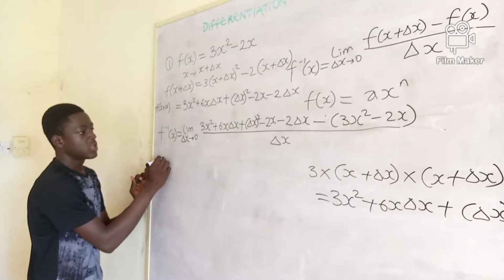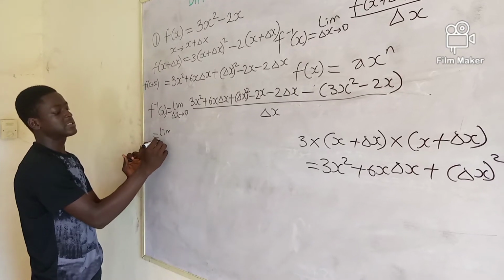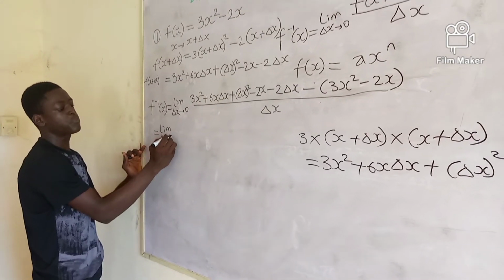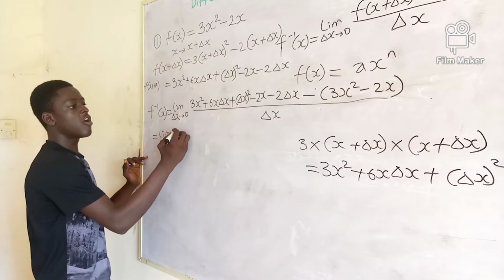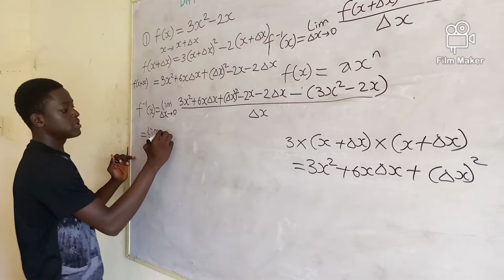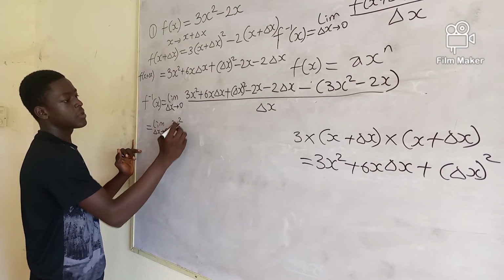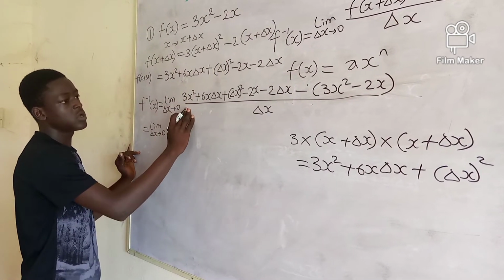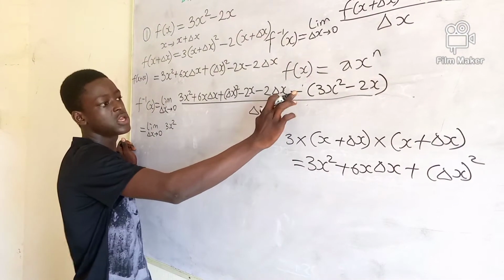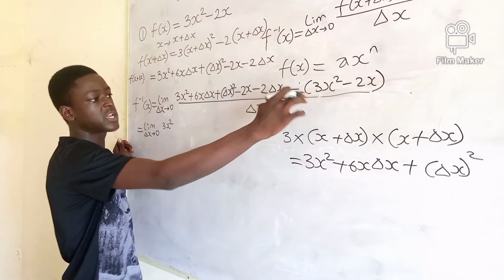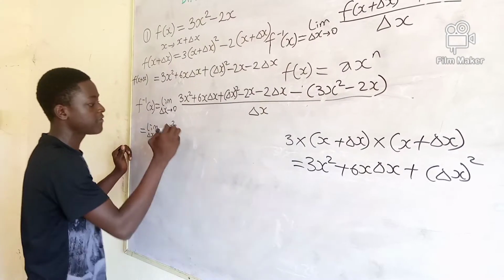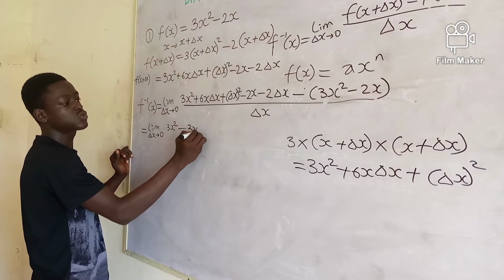From here, this is equal to the limit as the change of x approaches 0 of 3x squared, then we have a minus sign here. Using this minus sign to expand this bracket, we have minus times 3x squared, we have minus 3x squared.